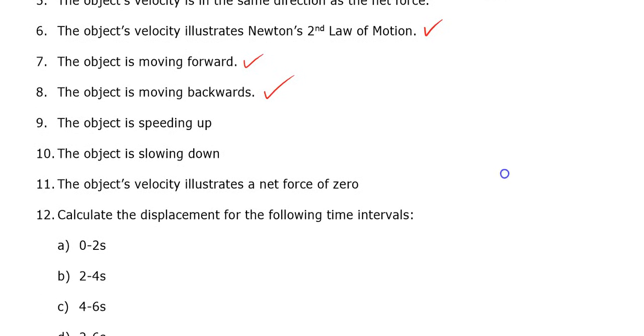So slowing down is 2 to 4 seconds. Okay, you got to remember slowing down means the velocity is going towards what number? 0. 0, that's right. Okay, so speeding up doesn't mean that it's going in the positive direction only. Speeding up can be in the negative direction.